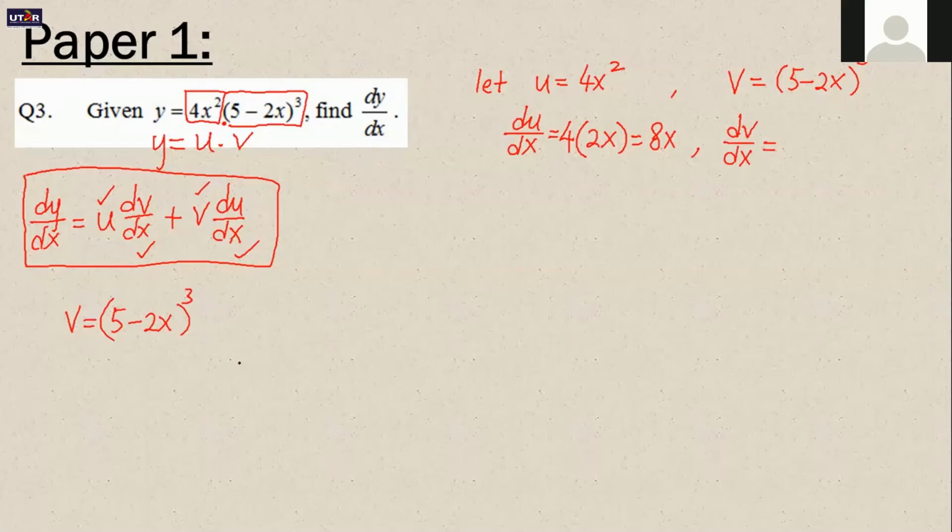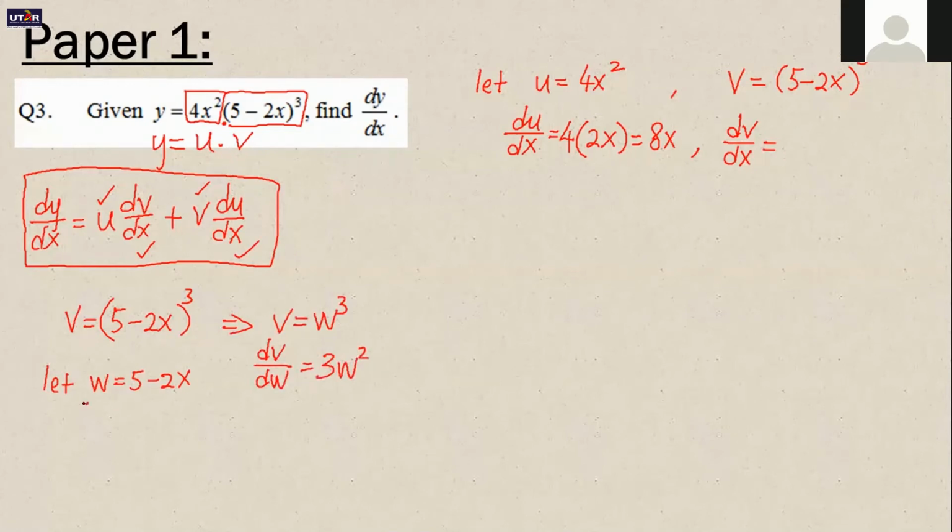According to the chain rule, you can let w equal to 5 minus 2x. So v becomes w power 3. If you differentiate with respect to w, you have 3w squared. If you differentiate w with respect to x, you have negative 2.